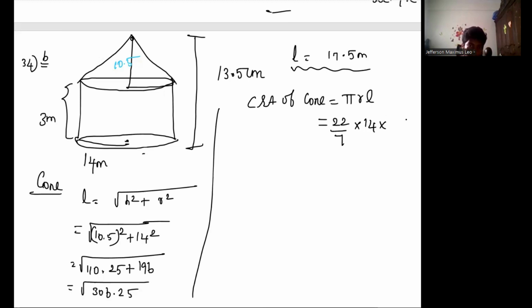L is 17.5. 22/7 into 14 is 44 times 17.5. 770. வருதா? நீங்க போட்டுட்டு இருக்கீங்களா? ஆன்சர் வந்திருக்கா?